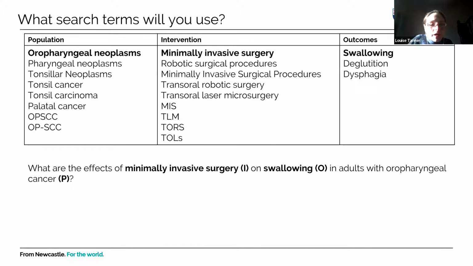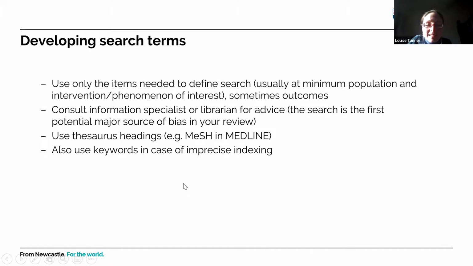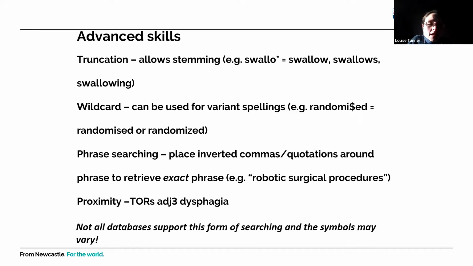If you're interested in oropharyngeal neoplasms, for example, and the person who put this on Medline has indexed it slightly differently under a different kind of throat cancer, maybe that journal article won't be picked up by your searches. So it's a good idea to use MESH headings and also keywords when you are searching the databases.